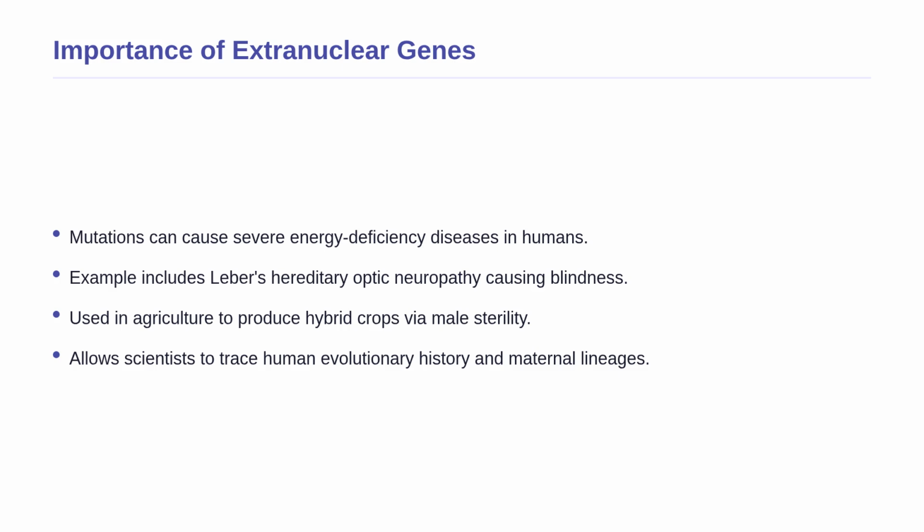For instance, mitochondrial diseases primarily affect organs that require massive amounts of energy, like the brain and muscles, leading to conditions such as sudden blindness. Beyond human health, plant breeders use this concept to easily produce hybrid crops. Furthermore, because mitochondrial DNA is passed down almost unchanged from mother to child, scientists use it as a genetic time machine to trace human evolutionary history back thousands of years.